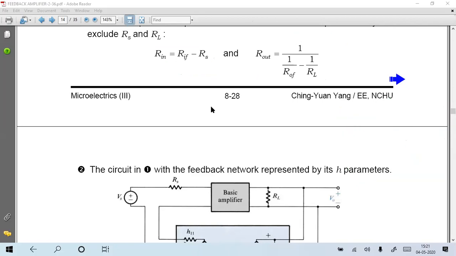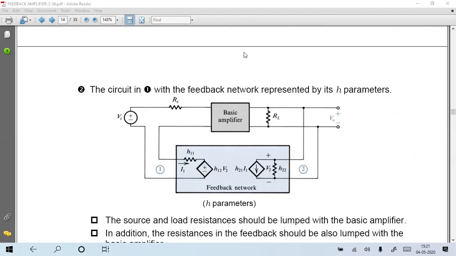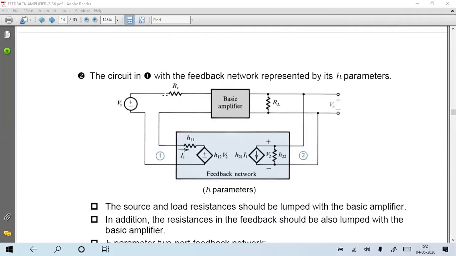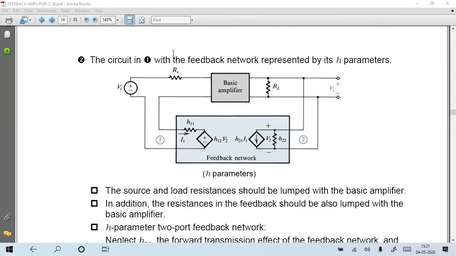Now I am going to represent the two port, that means the feedback network, by its corresponding equivalent network, a two port network. See, this is our amplifier network, and this is our feedback network.